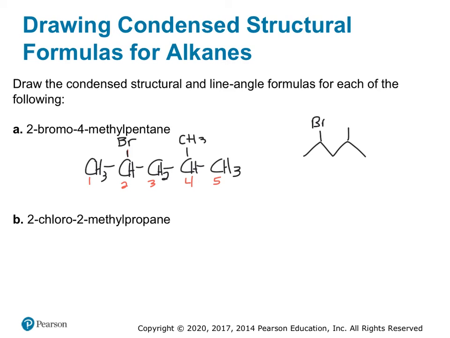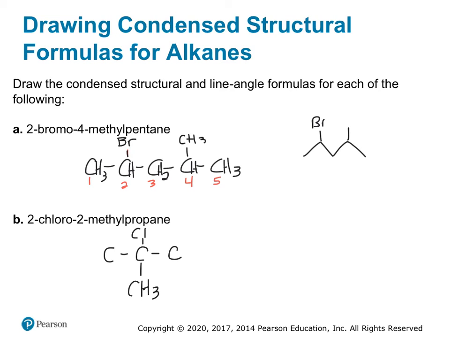Then the second one there, propane is 4 carbons. No, sorry, propane is 3 carbons: 1, 2, 3 carbons. And the second carbon has both a chloro group and a methyl group.